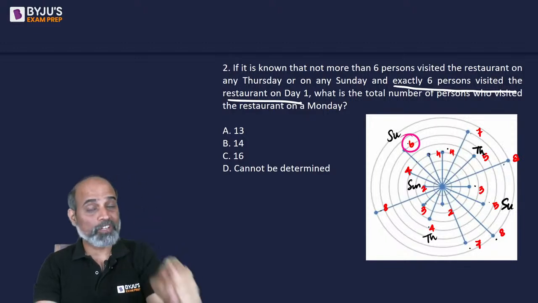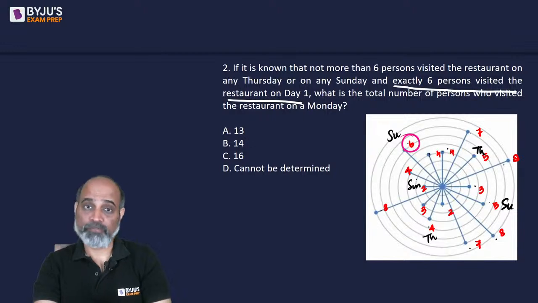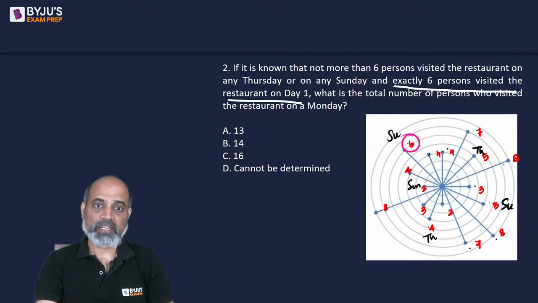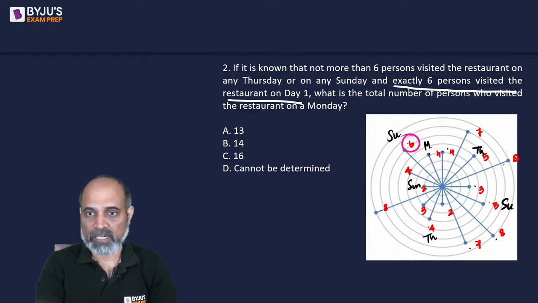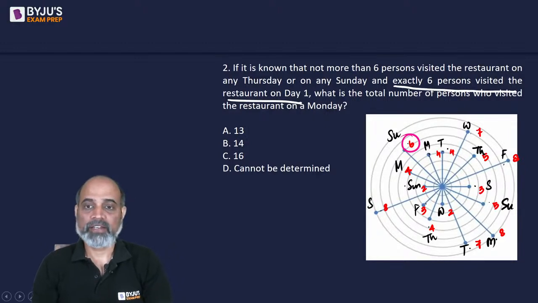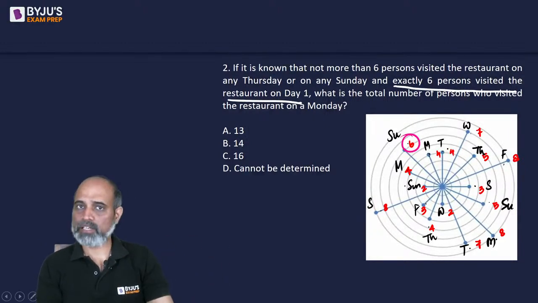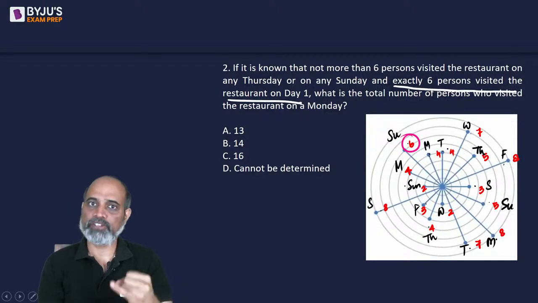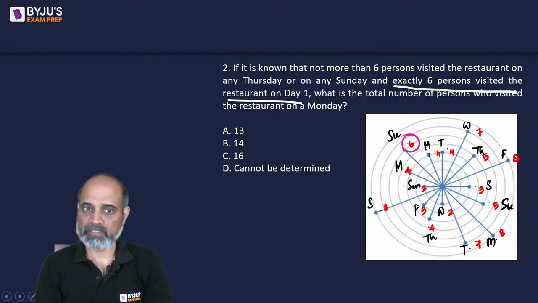So the first day starts on a Sunday, which is not more than 6 people. And then we have got Monday and Tuesday, Wednesday, Thursday, Friday, Saturday, Sunday, Monday, Tuesday, Wednesday, Thursday, Friday, Saturday, and Sunday. And it will end on Monday, right? So if you start from Sunday to Saturday, Sunday to Saturday, that's 14 days. And then you've got Sunday and Monday, that's 2 more days, that's 16 days.